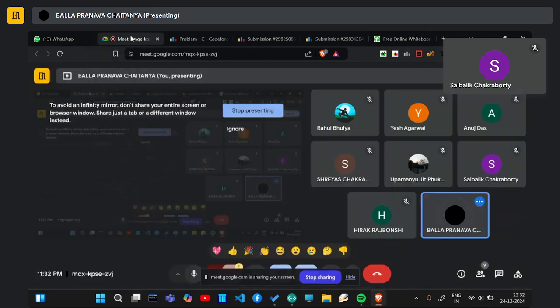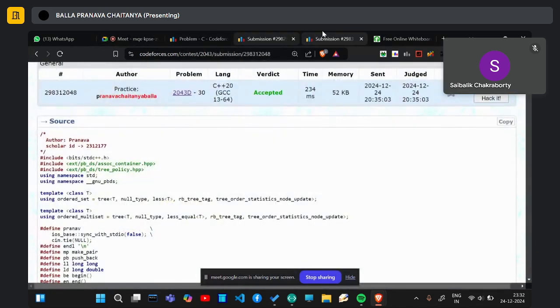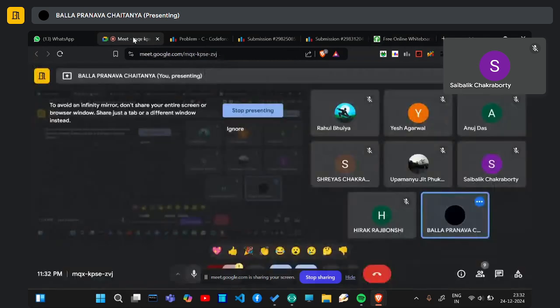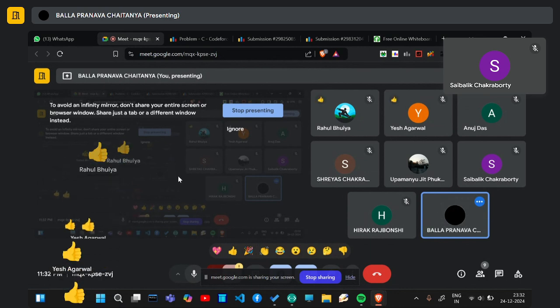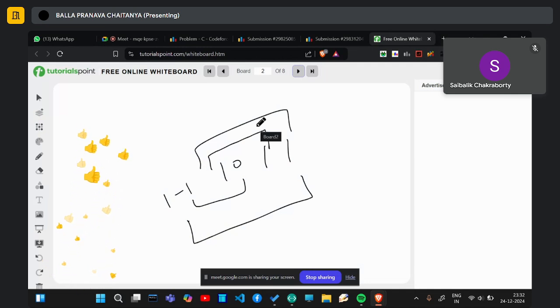We can take three types. Either we can take the subarray having x and then the rest of the elements in the left and right parts. If this is clear, then we'll move on. Am I audible? Yeah, we have three cases, that's it.